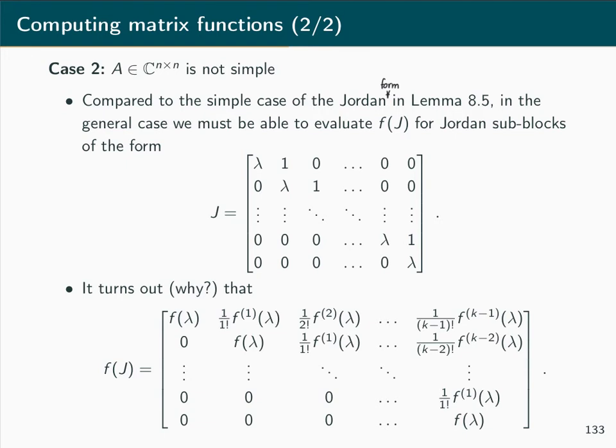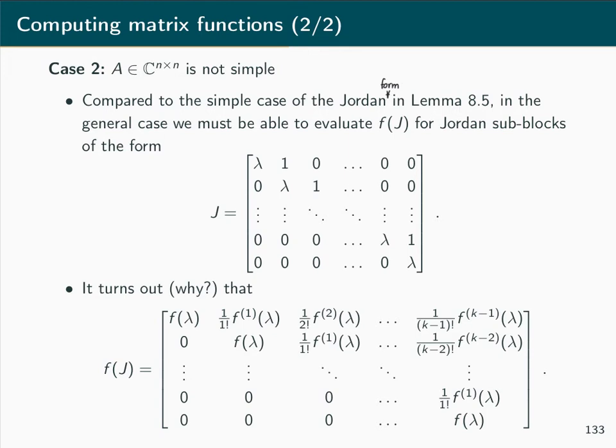As it turns out, the evaluation of a function f of these Jordan subblocks has this general form shown down here, involving the derivatives of f from the derivative of the first order up to the derivative of the order k-1.